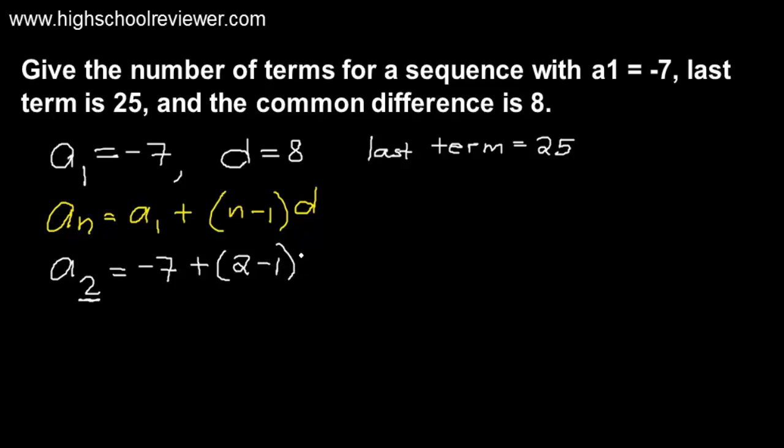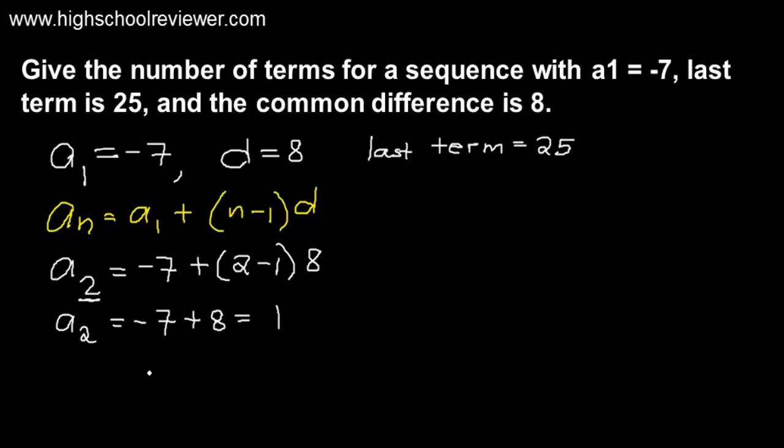Our d is positive 8. So a sub 2 will be equal to negative 7 plus 2 minus 1, which is 1. 1 multiplied by 8 is positive 8. Our a sub 2 would be equal to positive 1.